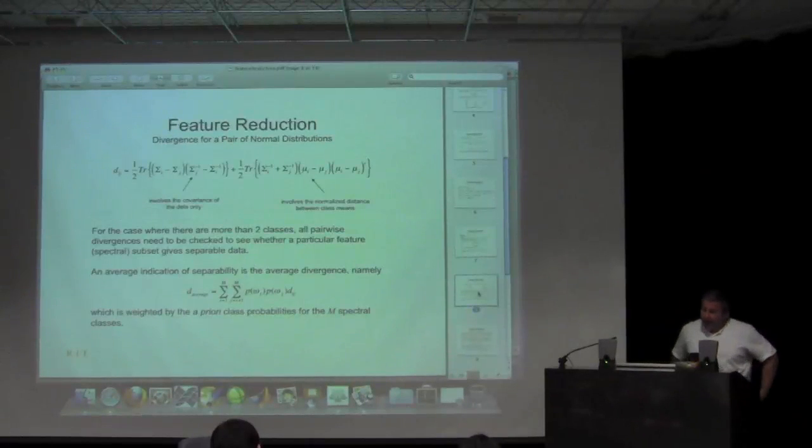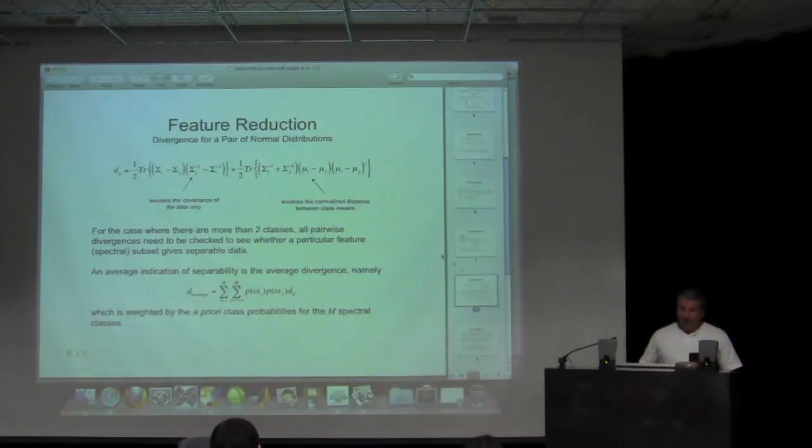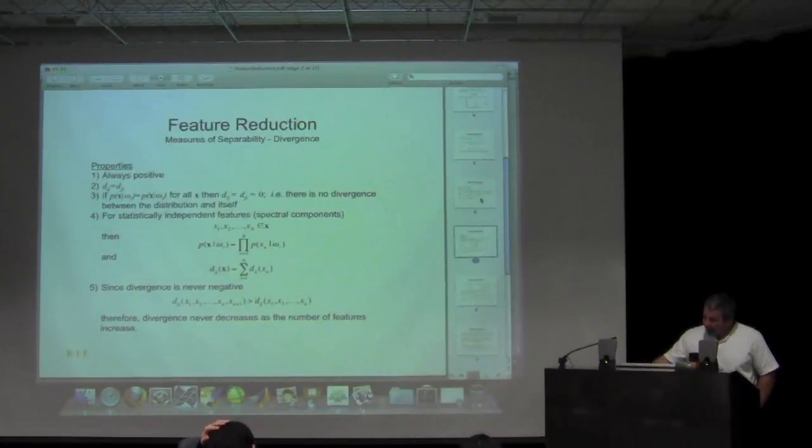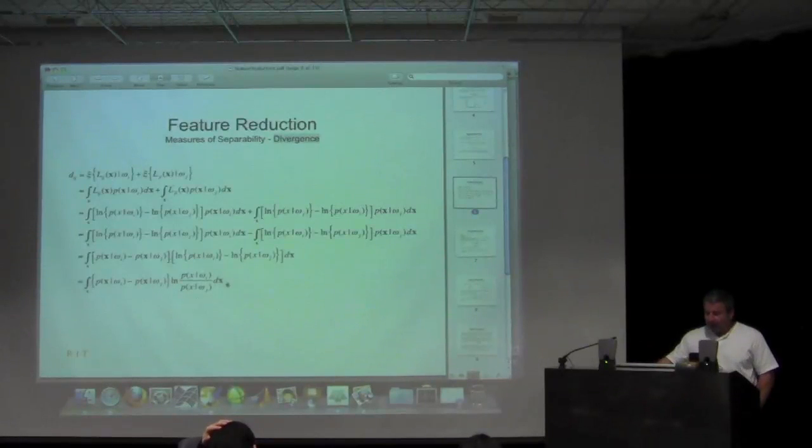All right, so the way that we would compute the divergence now is to go back and take this equation right here and substitute in for it the multivariate Gaussian normal distribution equation.